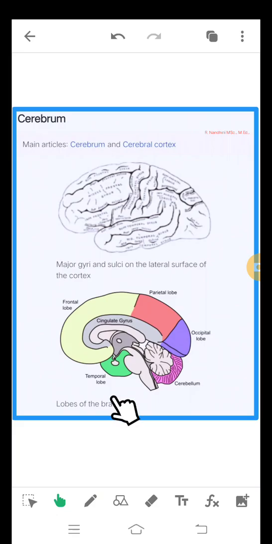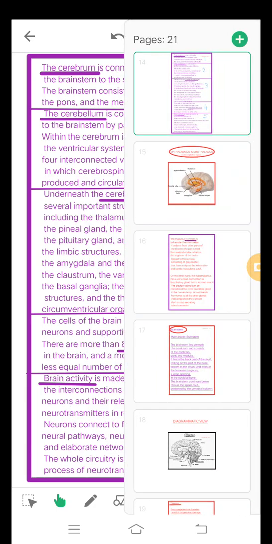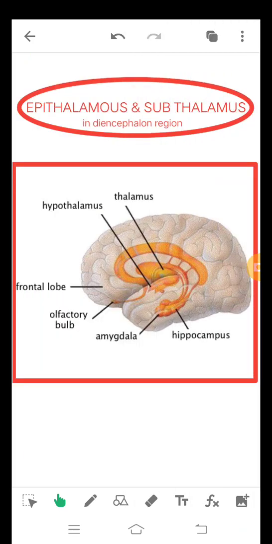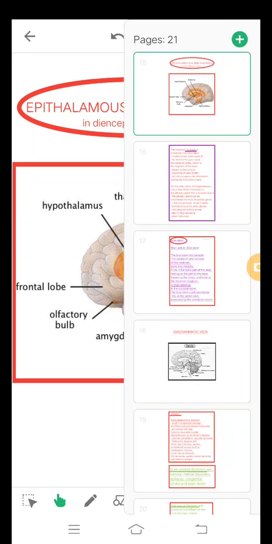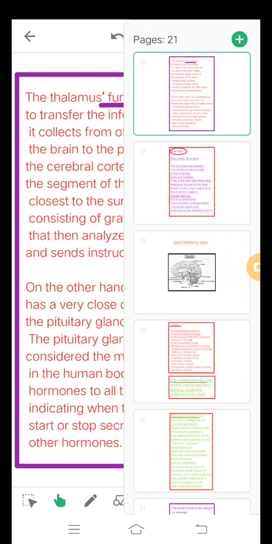This is the structure of lobes of the brain, and this is cerebrum, cerebellum, cerebral cortex and 86 billion neurons and activities of the brain, and this is the thalamus and hypothalamus locations, the difference between them, and functions of thalamus and hypothalamus.